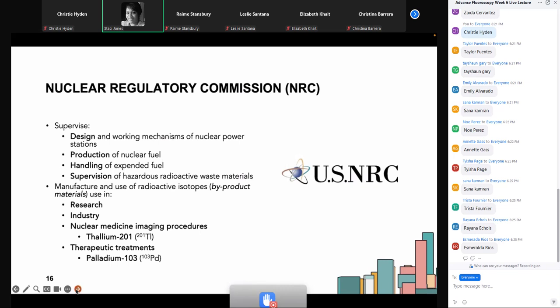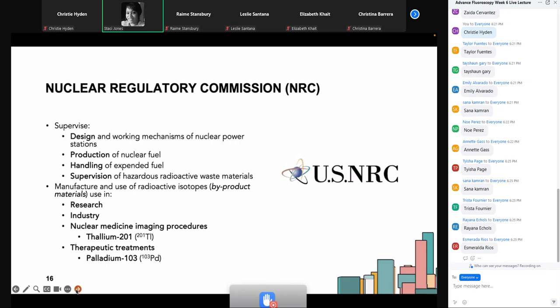So what they do is supervise or design working mechanisms for nuclear power stations, help in production of nuclear fuel, handling expended fuel, and supervising hazardous radioactive waste materials. They manufacture and use radioactive isotopes that are used in research, industry, in nuclear medicine, and with therapeutic treatment.